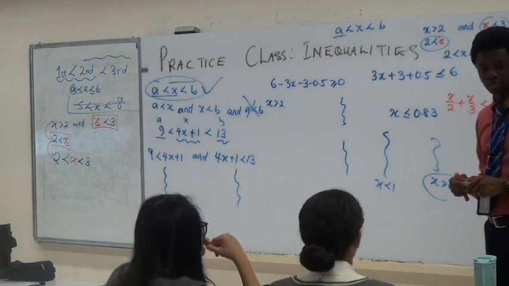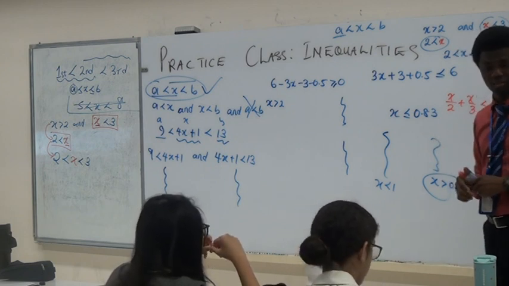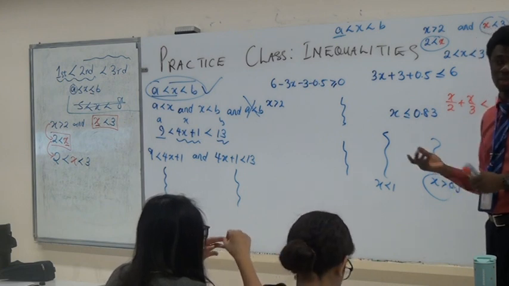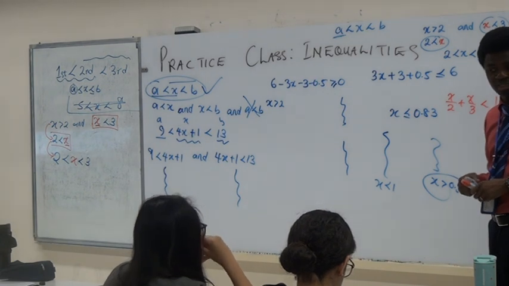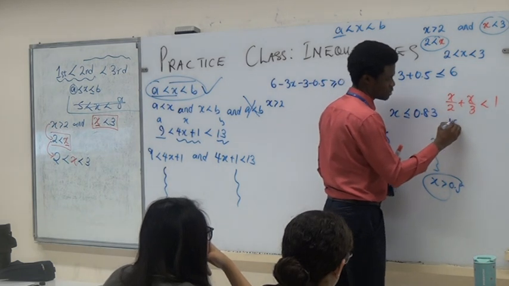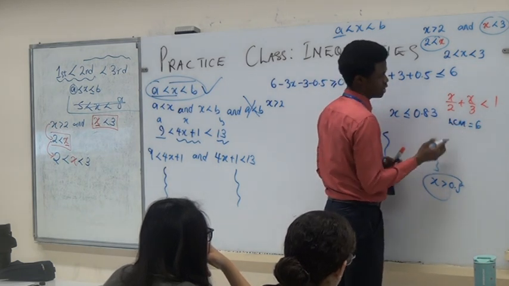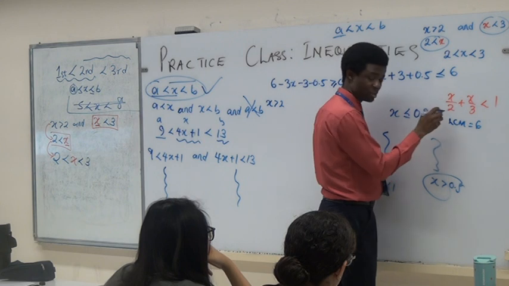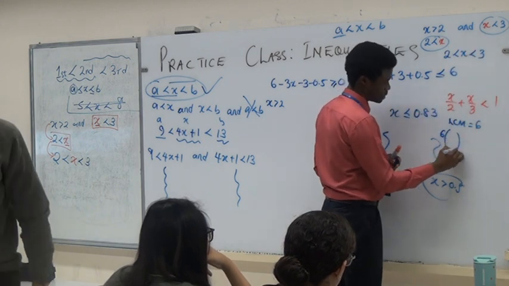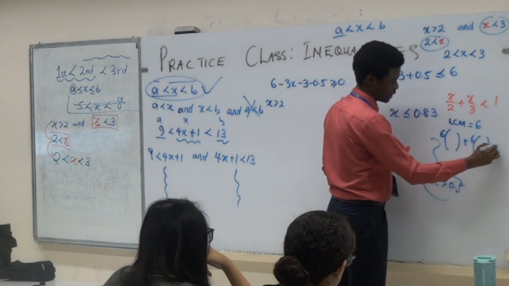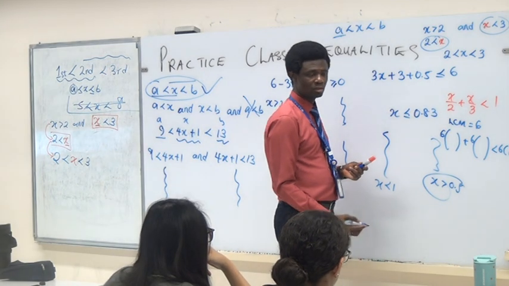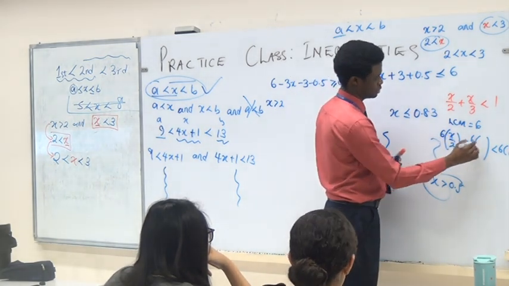I said this yesterday, and I'm sure that was clear. It's called LCM. When you get a fraction, find the LCM, it is 6. You multiply each term by 6. I demonstrated it here on this side: 6 multiplied by this, 6 multiplied by that, 6 multiplied by that. X over 2, x over 3.